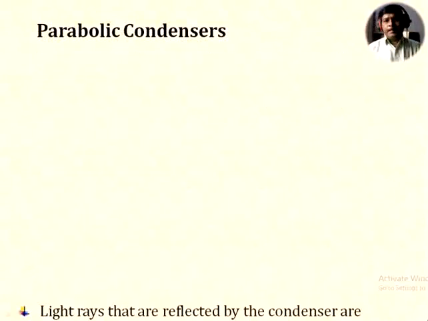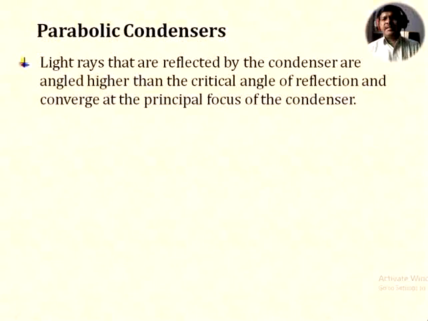Light rays that are reflected by the condenser are angled higher than the critical angle of reflection and converge at the principal focus of the condenser. That means there is a convergence of light rays taking place in the condenser.